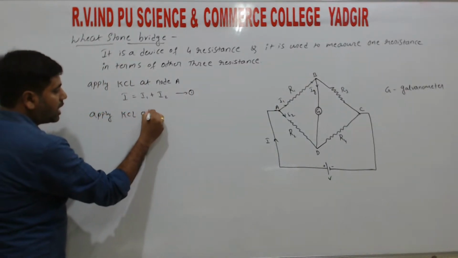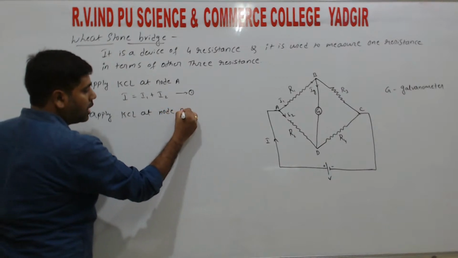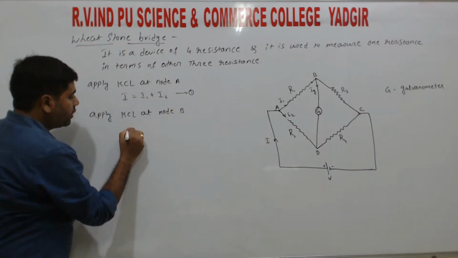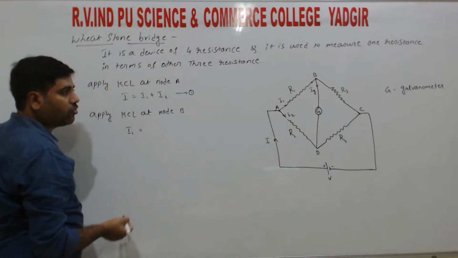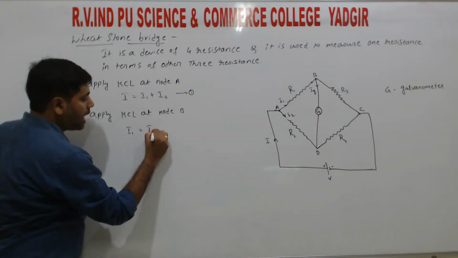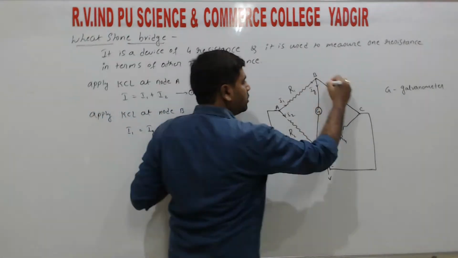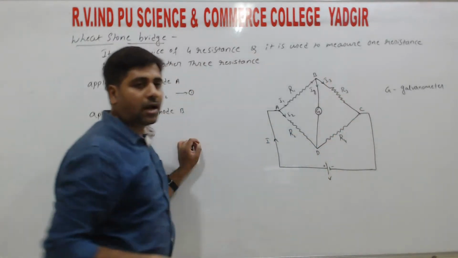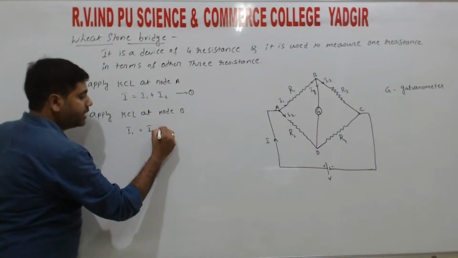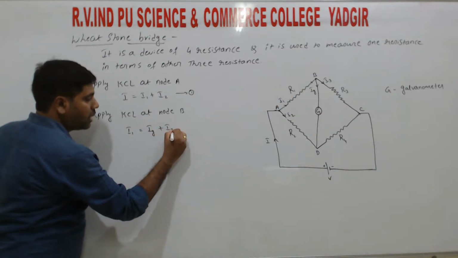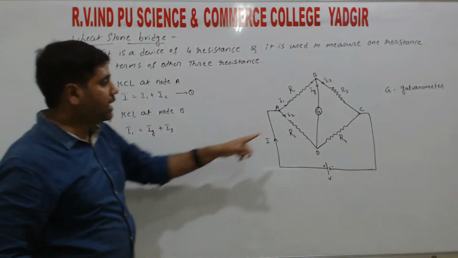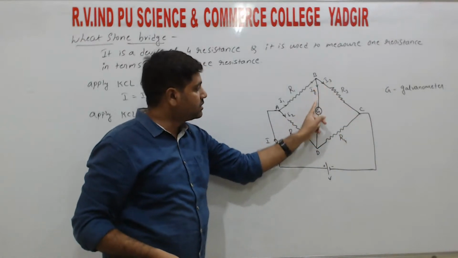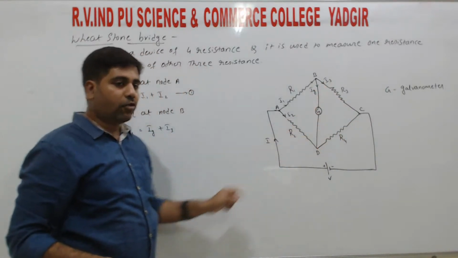Applying KCL at node or junction B, I1 is equal to Ig plus I3. Here the current flowing through resistance R3 we take as I3, and Ig is the current flowing through the galvanometer.